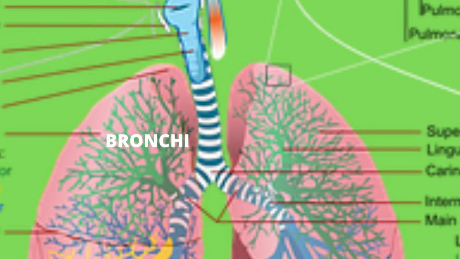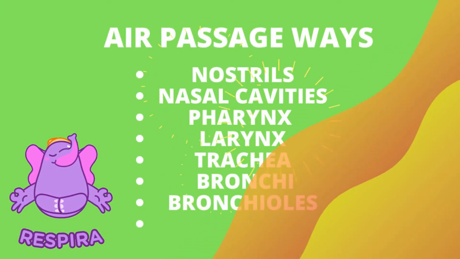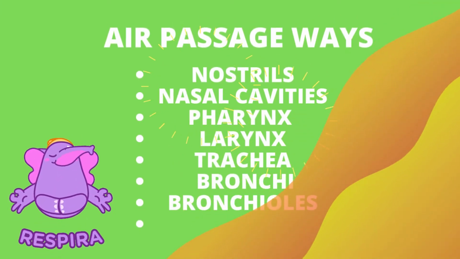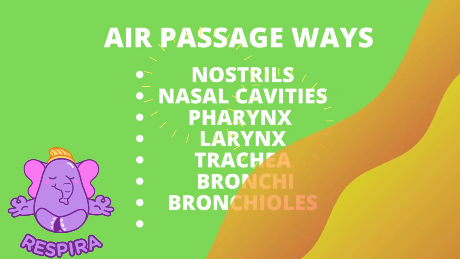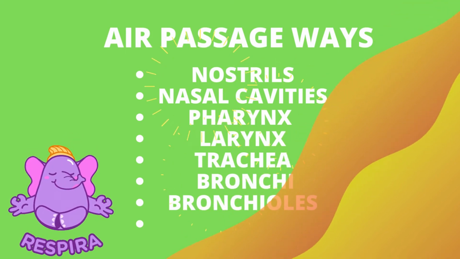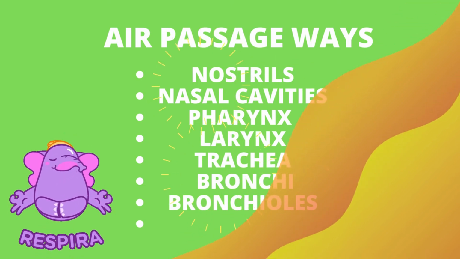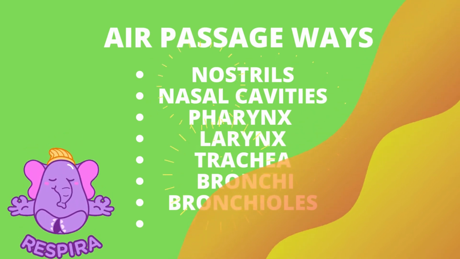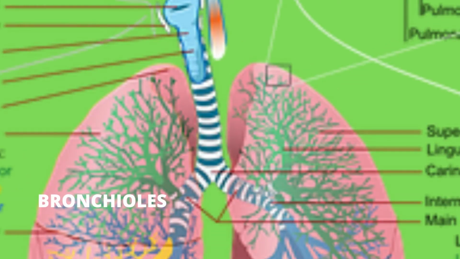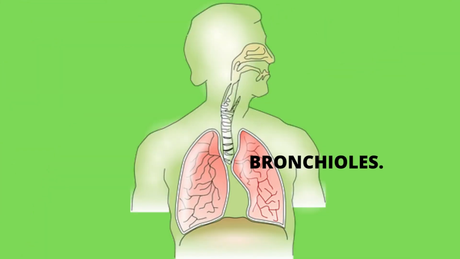Here you can see trachea. When the trachea divides, it is called bronchi. And when bronchi divide, they are called bronchioles. Divide means it converts into many thin branches or tubules. These are bronchioles. Very thin tubules are called bronchioles.